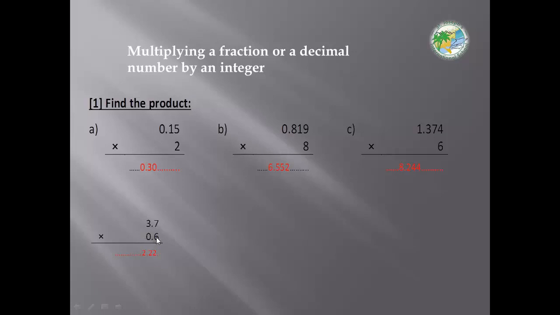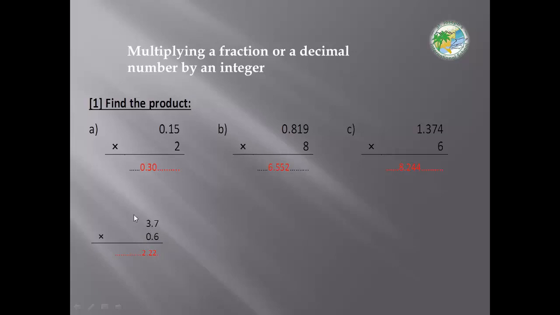3.7 times 0.6. Oops, we have two decimal numbers. In the first step, we ignore what? The decimal point. 6 times 7, 42. 2 carry 4. 6 times 3, 18, and 4, 22. Then, after we finish multiplying the two numbers, we count the decimal places of the first number and the second number.